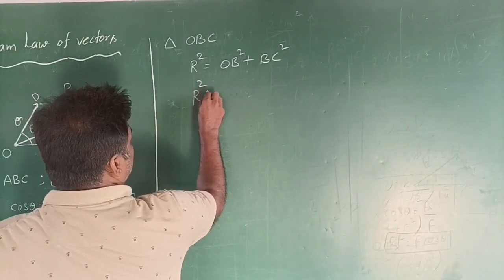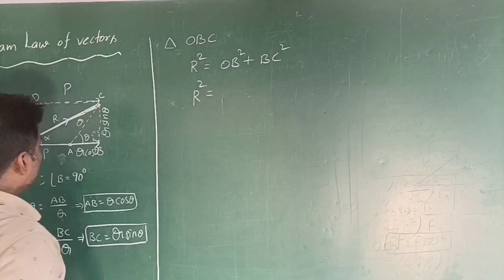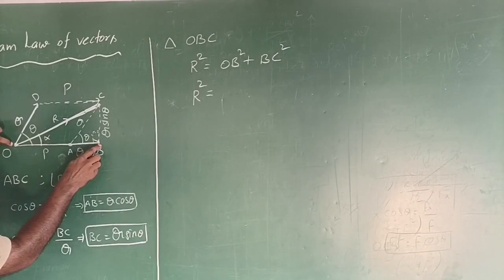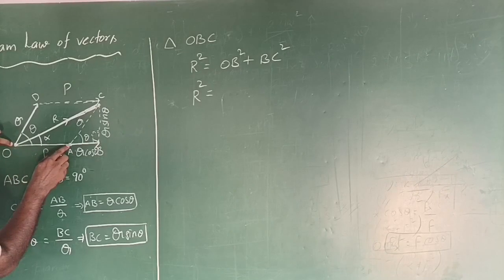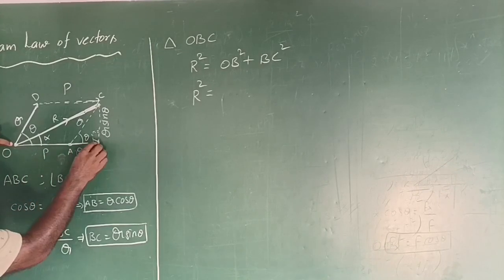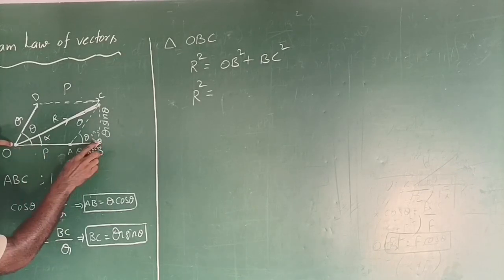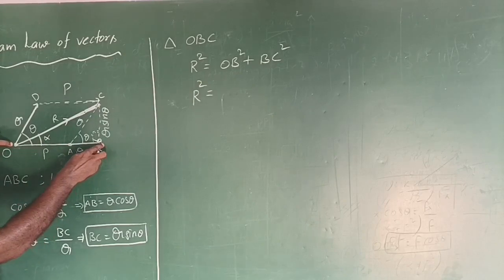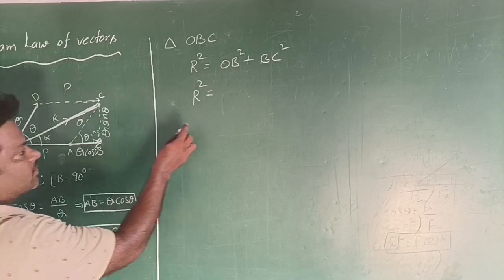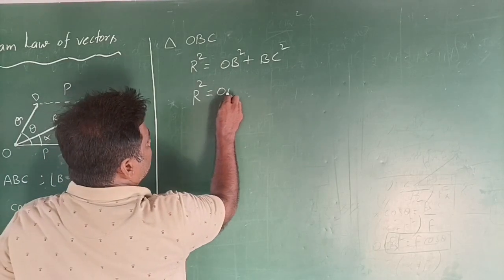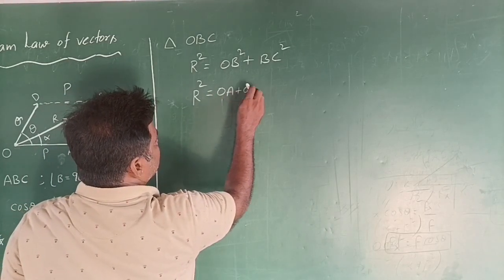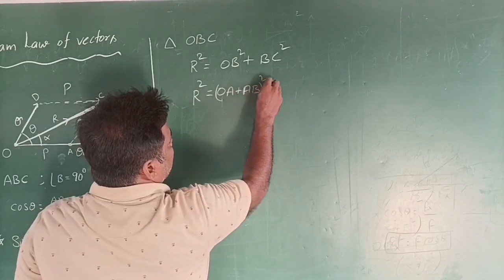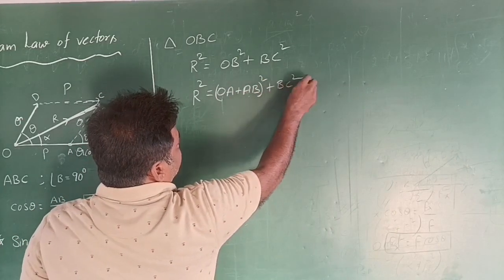First of all, we will write R square. OB, look, O to B is equal to OA plus AB. So OB is equal to OA plus AB, whole square, plus BC square.